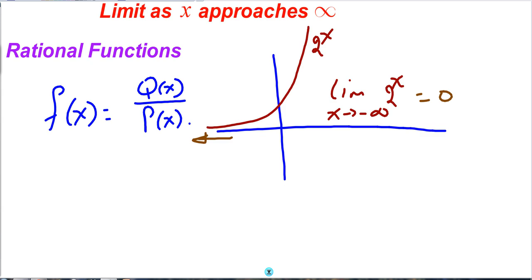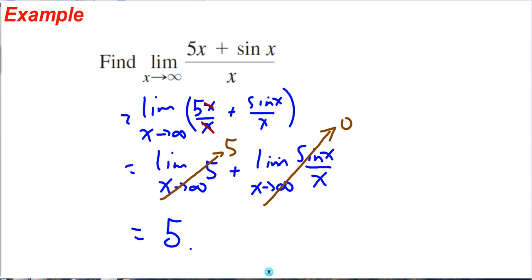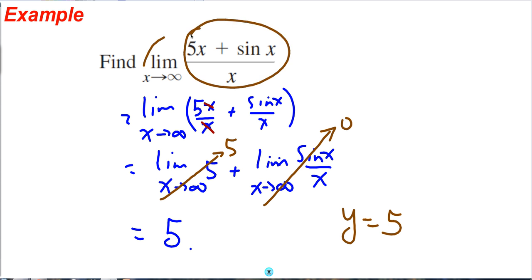So if we go back to our examples, the line y equals 0 is the horizontal asymptote of 2 raised to the power x. If we go back here, the line y equals 5 is the horizontal asymptote of this function here.